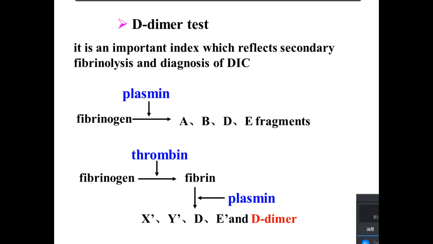So first fibrin forms, and next plasmin hydrolyzes fibrin and forms FDP. The fragments have D-dimer.